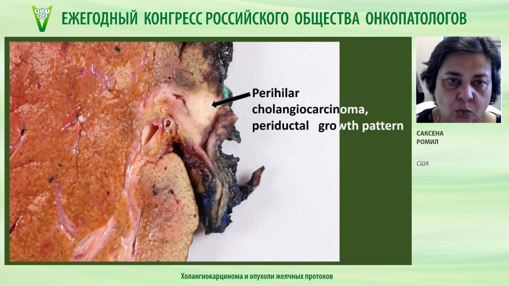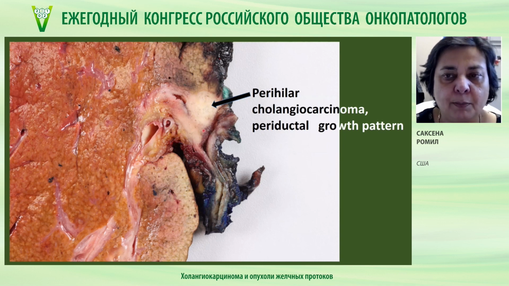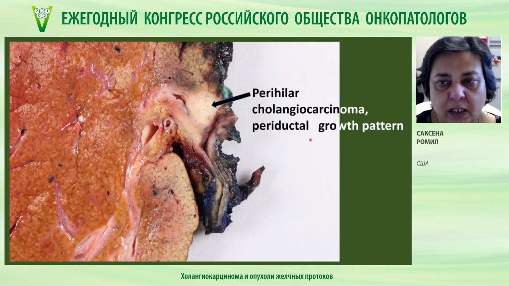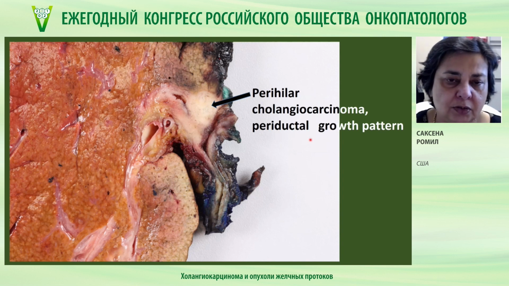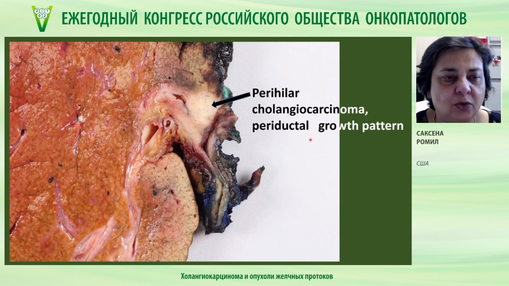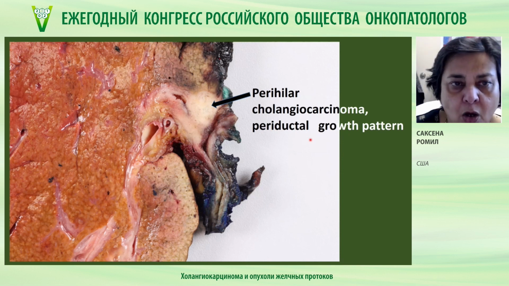It branches out over here, and you see that the tumor is growing within the wall of the bile duct all over here, and then it's also going outside the bile duct. So this is a peri-hilar cholangiocarcinoma, and the growth pattern is peri-ductal, meaning it is infiltrating the wall and going outside the wall along the bile duct.